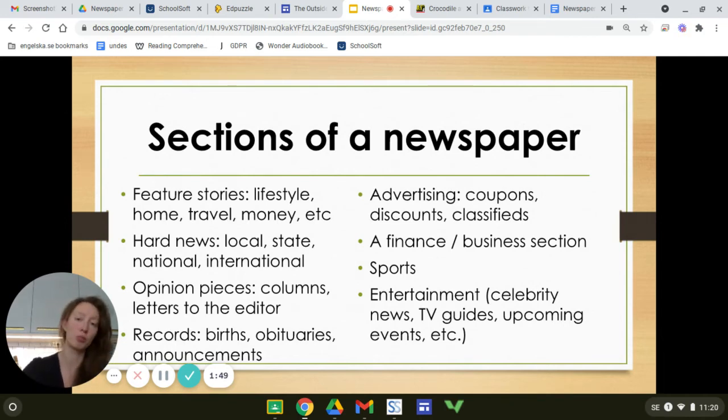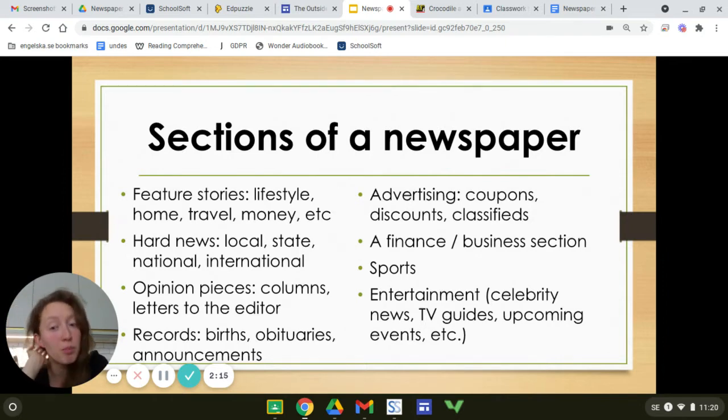All right, so there are many different sections of a newspaper. I mean, globally, most newspapers are going digital now, but they still have these kind of sections. Feature stories, like about lifestyle, home, travel, money, etc. Hard news. Local, state, national, international. This is from an American perspective. State news. So this would be maybe like local, municipal, national, international.